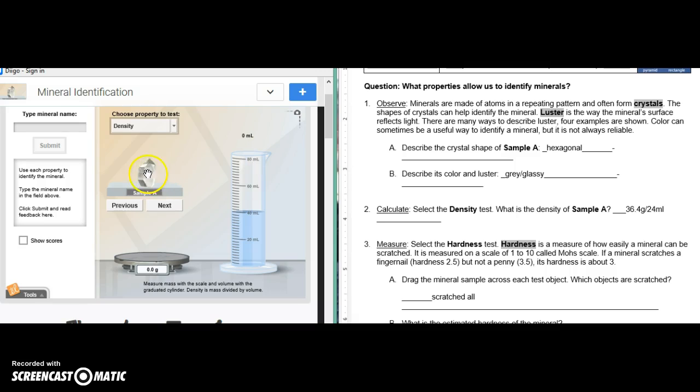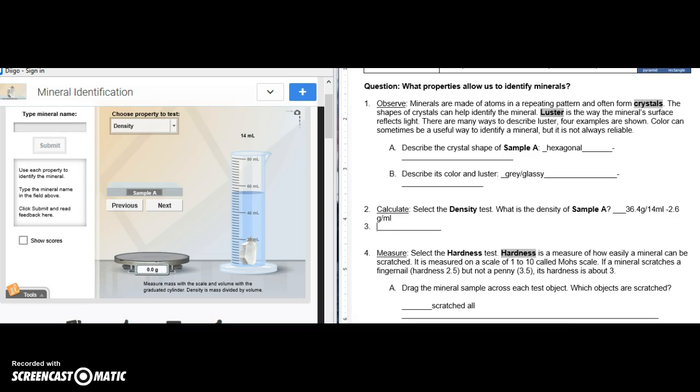So if you drop it in here, it changes and adds about 14 mLs. If you count those lines as 2, 4, 6, 8, 10, 12, 14 is the change in the volume here. So this is how I'll figure it out. You don't have to do this, so don't panic about that. That's about 2.6 grams per ml is its density.